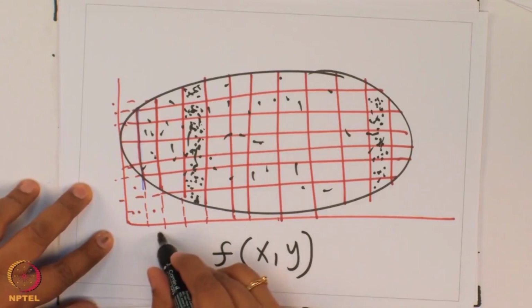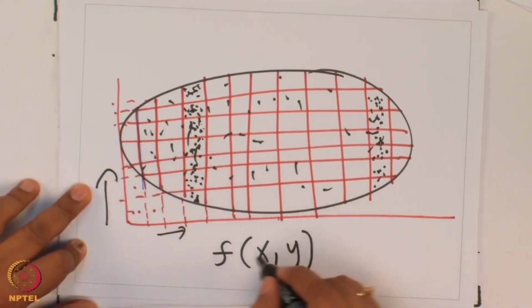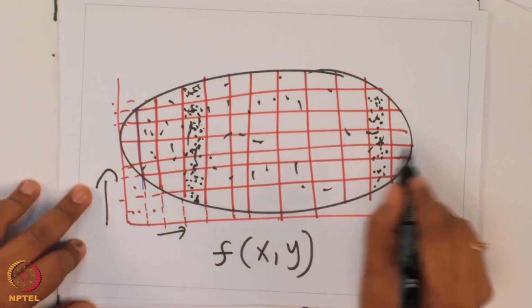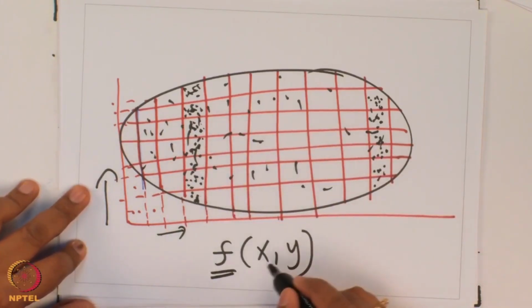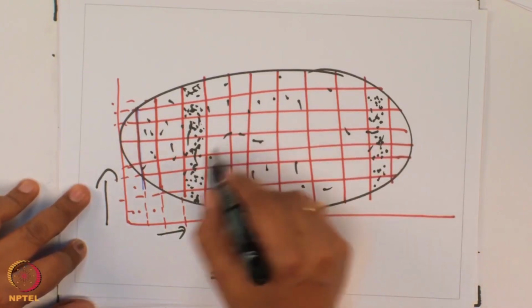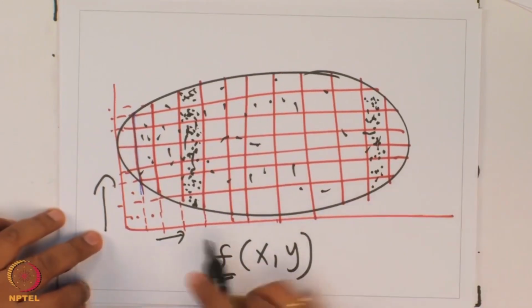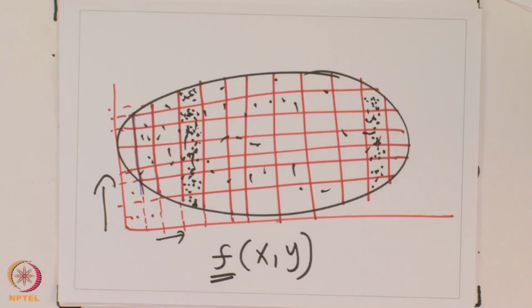So given an x value and a y value, I have a function f which is essentially the number of black dots. Here the number of black dots is my f. For a given x value and a y value, I can count how many black dots are there, and that will give me some f of x comma y, which is a mathematical function.